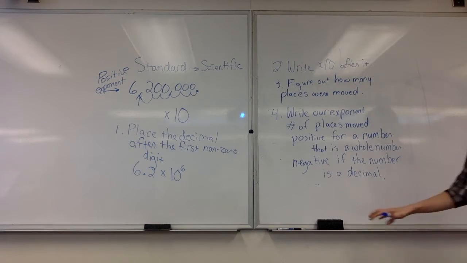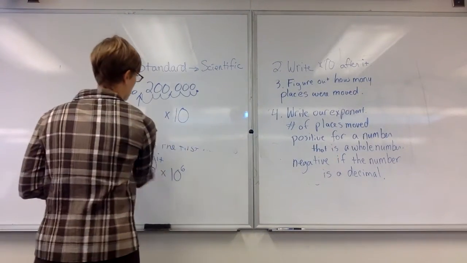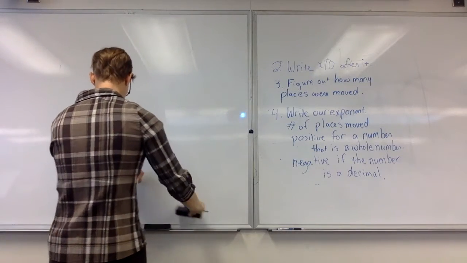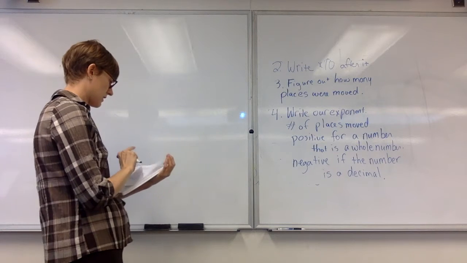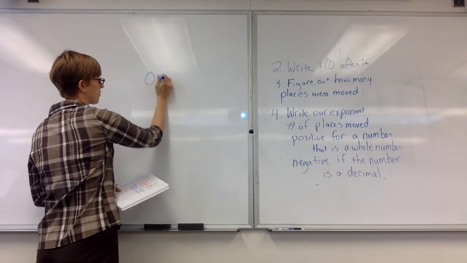So we're going to practice a few of these now. So the first thing that I'm going to have to do is write a few up on the board. I'll guide you through 1 or 2, and then you'll be on your own to try another couple. So I have 0.14.